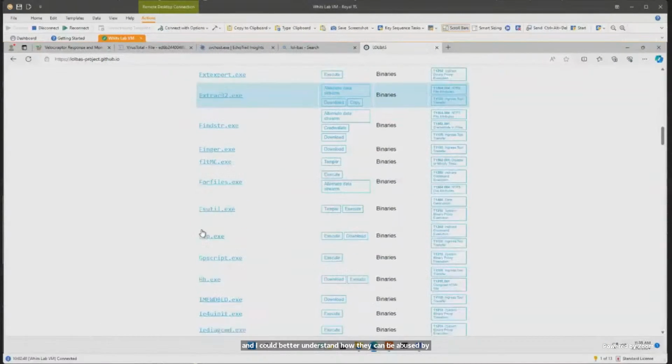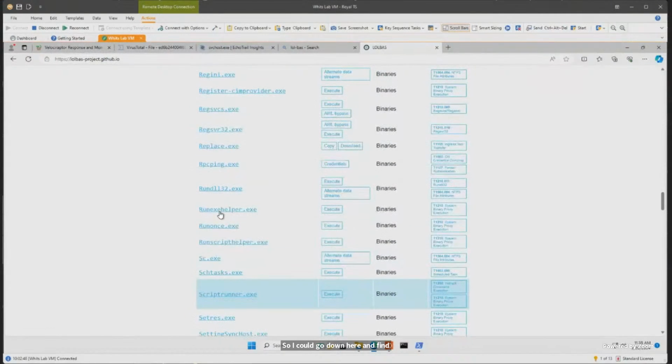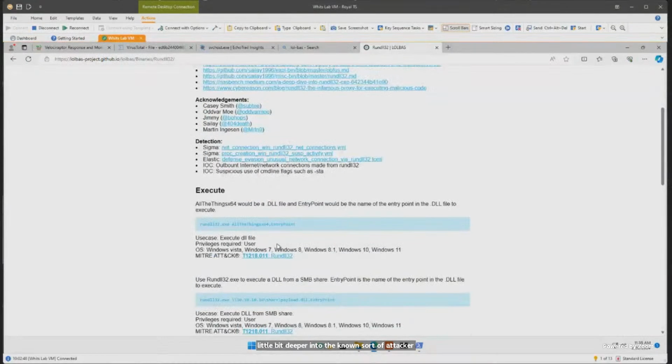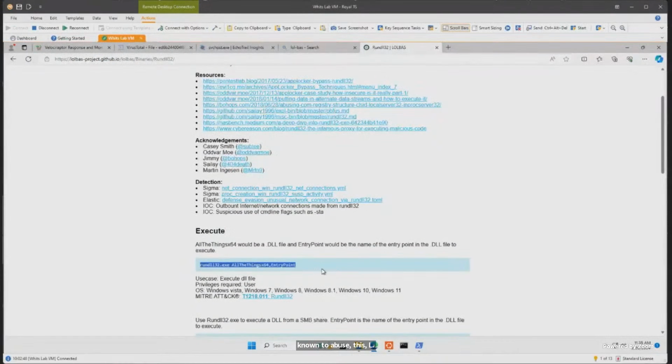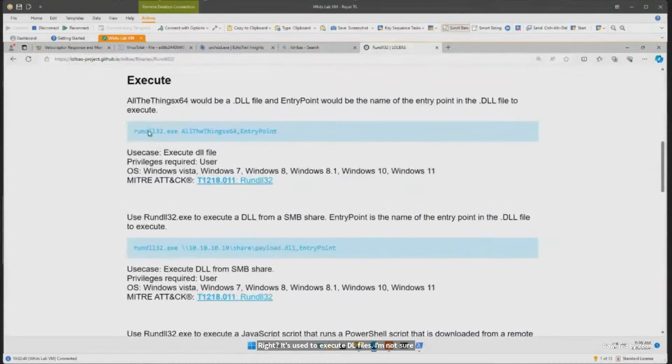So I could go down here and find rundll32, and dig a little bit deeper into the known attacker tactics, techniques, and procedures that have been known to abuse this LOLBin. But I can also get some background understanding as to what it is used for, right? It's used to execute DLL files. I'm not sure how well my zoom is looking here, but it's used to execute DLL files.